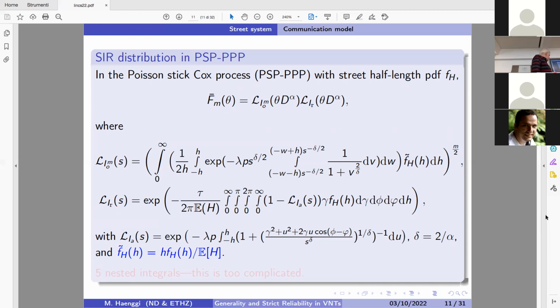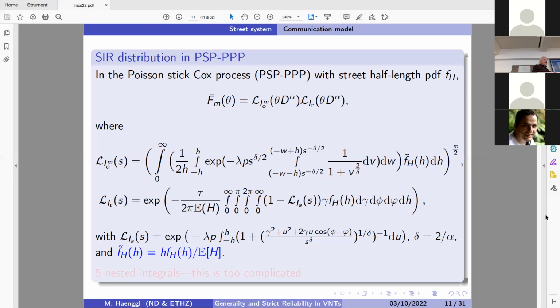One thing I'd like to mention is that because of the half-length distribution, we expect there to be an expectation over this distribution somewhere. That is true in this case, and true for the other streets, but the street that the vehicle resides on has a different distribution, f tilde, which is given like this.